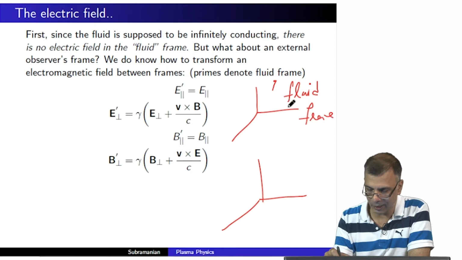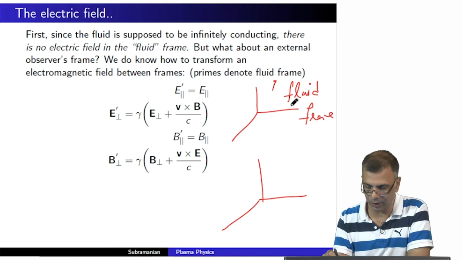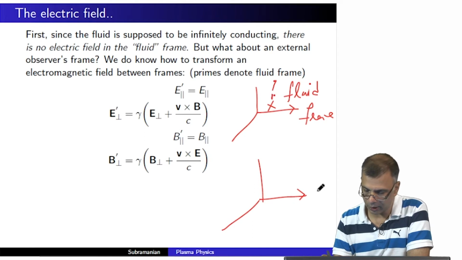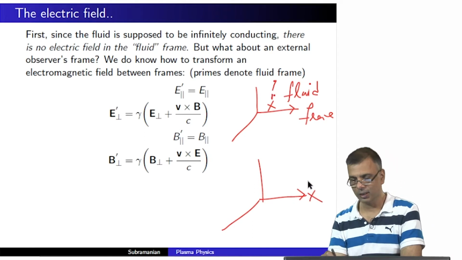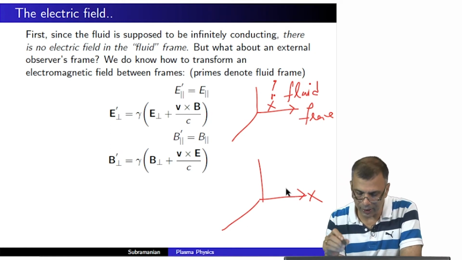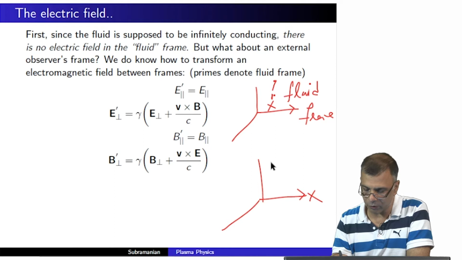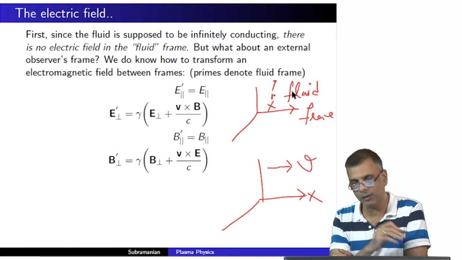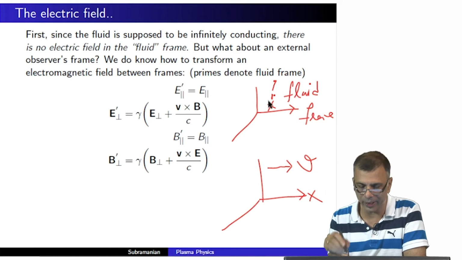Okay. And say, just for concreteness, this is the x axis. So, this would be the x prime. And this would be the x axis here. So, this would be the observer frame, the external observer frame. And the main thing is, the external observer is moving with a velocity v with respect to the fluid frame, and that is how you make the transformation.